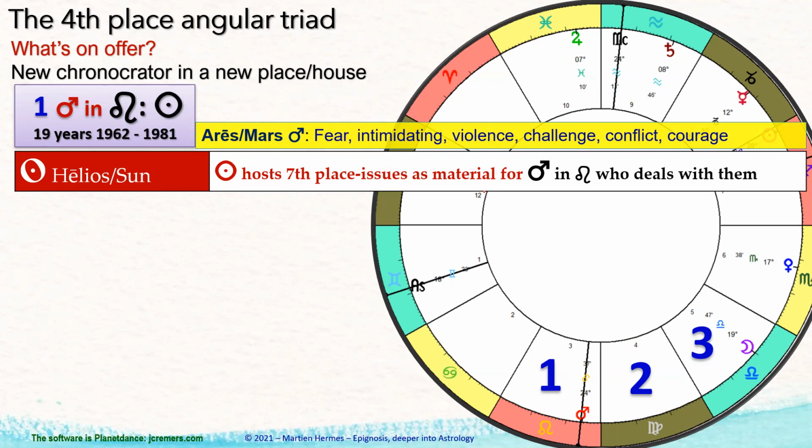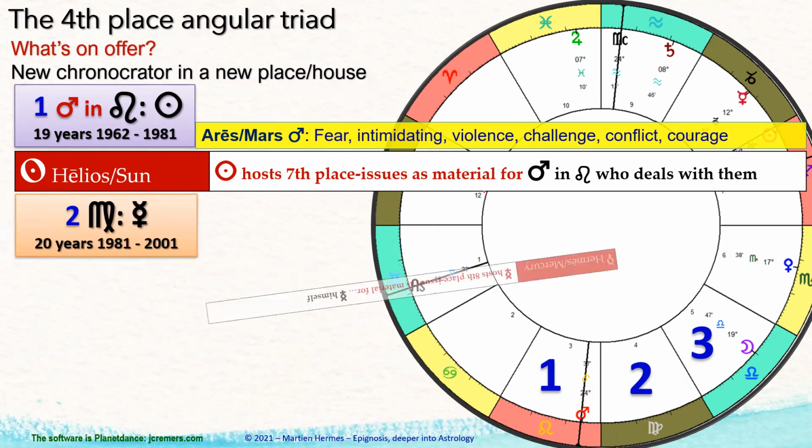So that's, let's say, the emotional side of Mars, how he experiences things, right? And of course, when Mars is the ruler of a certain image, he also has a certain way of dealing with things. But this is more about how Mars experiences things, because he's in the place of the lion.